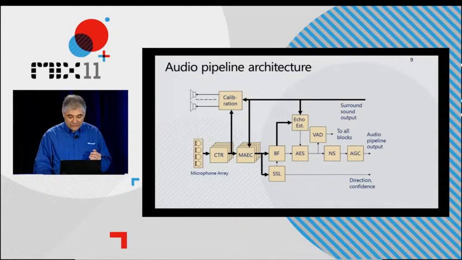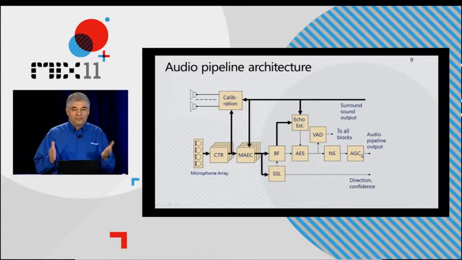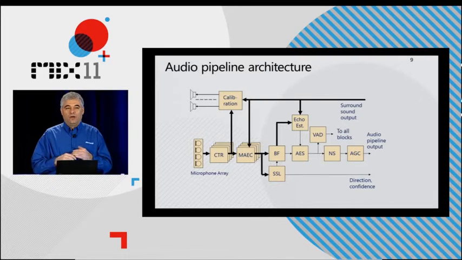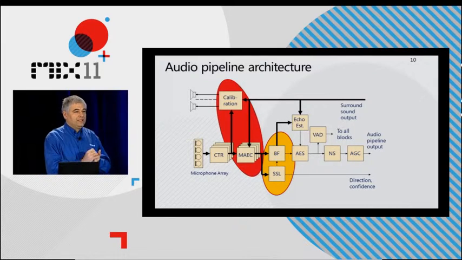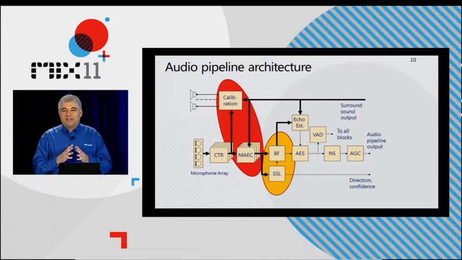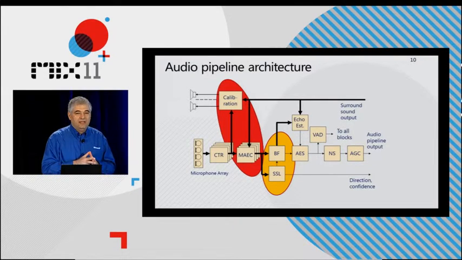After a couple of blocks which we're not going to discuss today, the acoustic echo suppressor, noise suppressor, and automatic gain control, which brings the same output voice level regardless of how far you are or how loud your voice is. So for the scenarios we want to solve with the Kinect device, two of the blocks play a major role. One of them is the multi-channel acoustic echo cancellation, and the other is the microphone array support, the beamformer, and this is why we'll take a closer look at them.